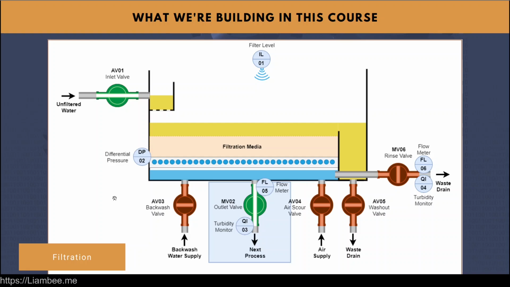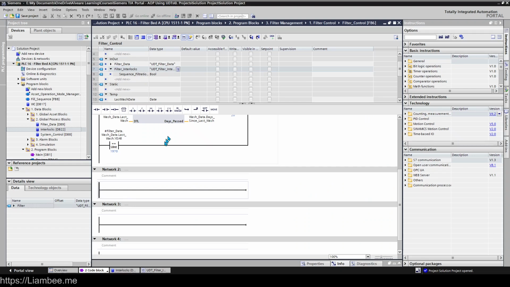So before we dive in and update that logic, let's just remind ourselves of which valves we're looking at and what instruments we're looking at. We're looking at AVO1, MVO2, which is modulating valve O2, the turbidity monitor, flow meter, and filter level. All of those, and the differential pressure, sorry. All of those must be healthy in order for us to run in filtration mode.